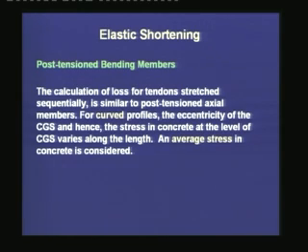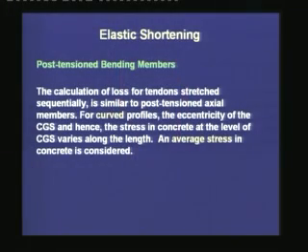Now, this is another complication, that for a post-tension member, usually the eccentricity varies along the length of the member. Most of the time, the profile of the tendons is parabolic. That means the eccentricity at the midspan is different from the rest of the length. Now, to consider an averaged elastic shortening over the full length of the member, an average stress in the concrete can be considered.